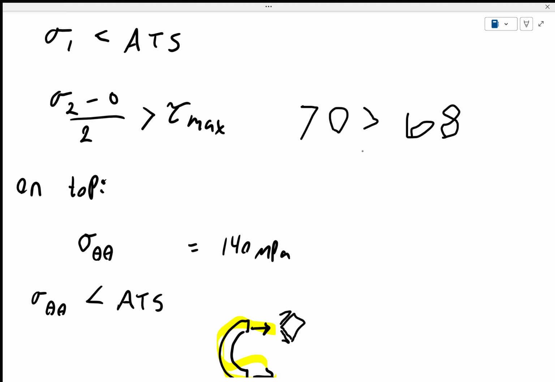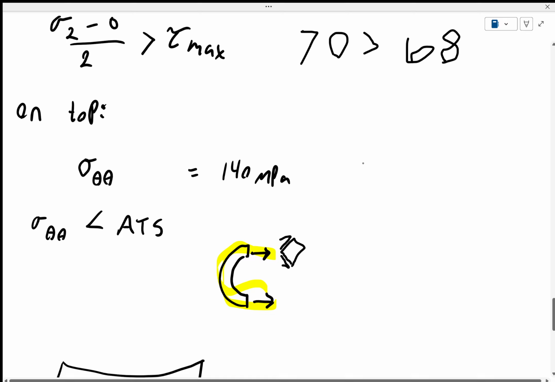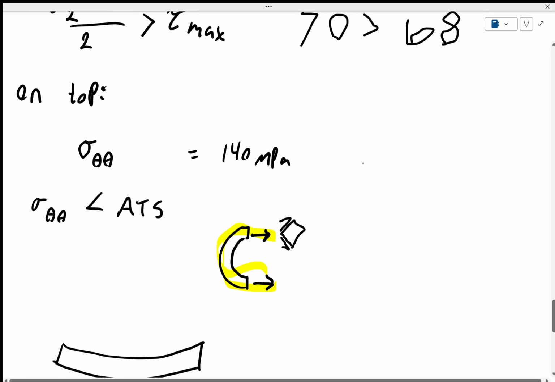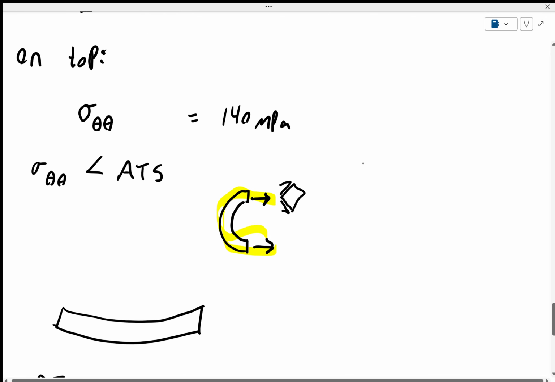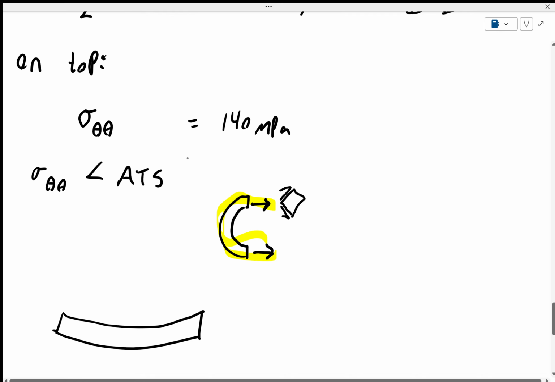It's not easy drawing with a mouse, or with a touch trackpad, sorry. And so it fails there, and then on top, we know our hoop stress is 140 megapascals.